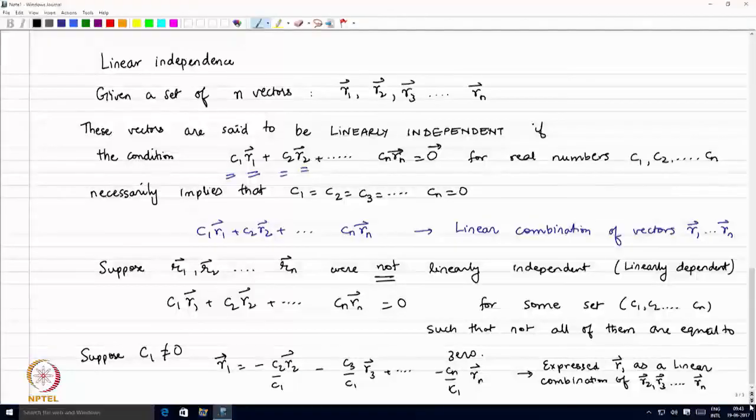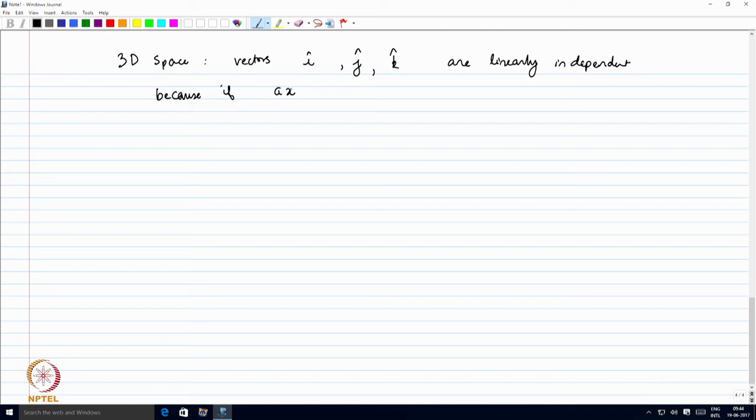For example, in a 3D space, vectors i, j and k are linearly independent, because if C1 i plus C2 j plus C3 k equal to 0, this can only be true if C1 equal to C2 equal to C3 equal to 0.